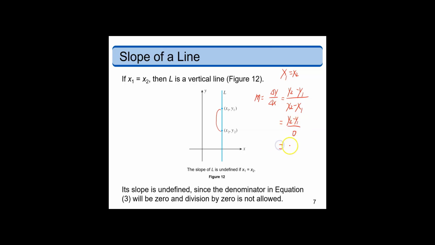Any number over 0 is undefined. That means the vertical line has an undefined slope. The vertical line has no slope.